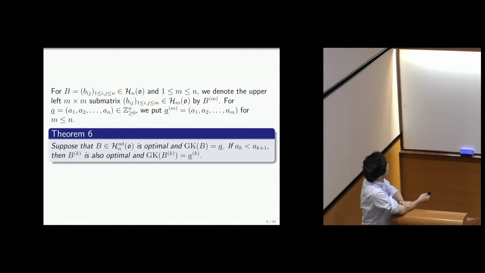Then the next theorem says that if B is optimal and the Gross-Keating invariant of B is equal to a, and if a_k is smaller than a_(k+1), then B^(k) is also optimal and the Gross-Keating invariant of B^(k) is equal to a^(k).